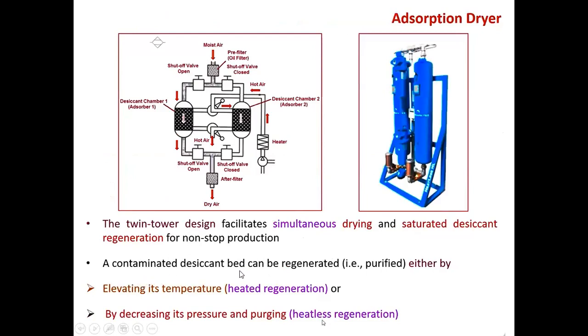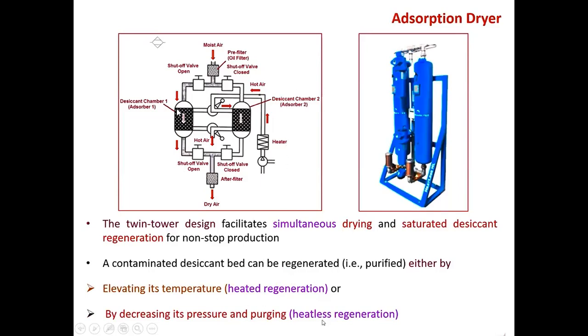The contaminated desiccant bed can be regenerated either by elevating its temperature or by decreasing its pressure and purging.